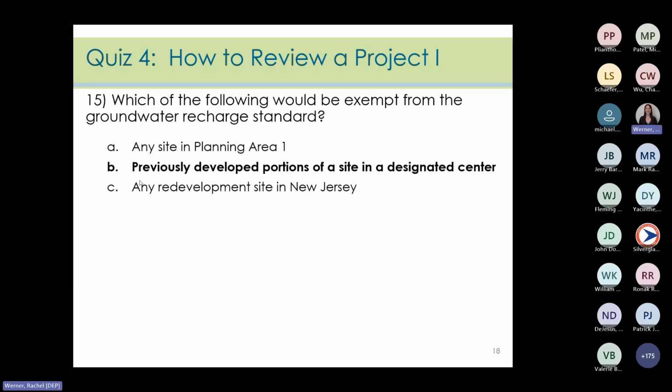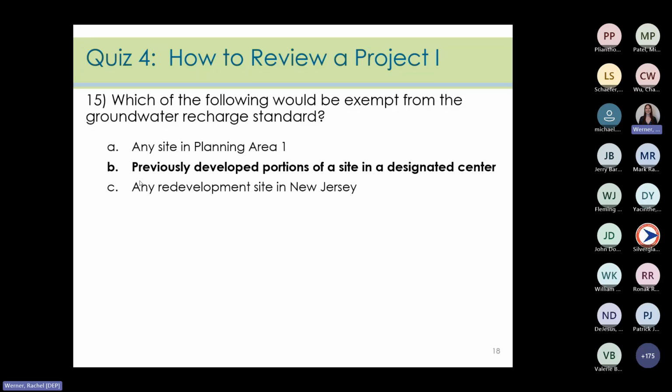And the answer is B, previously developed portions of a site in a designated center. So in order to be exempt from the groundwater recharge standard, your project must be located in an urban redevelopment area, which has a very specific definition in 7:8. It's not just any redevelopment site, and it's not just any site in Planning Area 1.